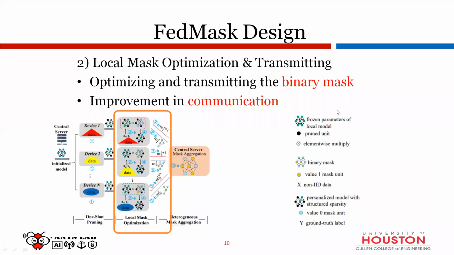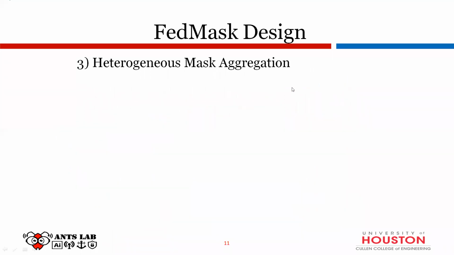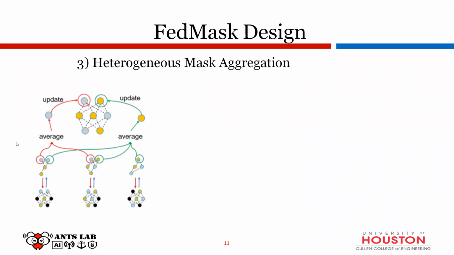Okay. So after the optimization and transmitting, we will do the heterogeneous mask aggregation. As you can see in the figure on the left, this is an example. All these individual neurons won't be updated unless they overlap with the neurons of other devices.